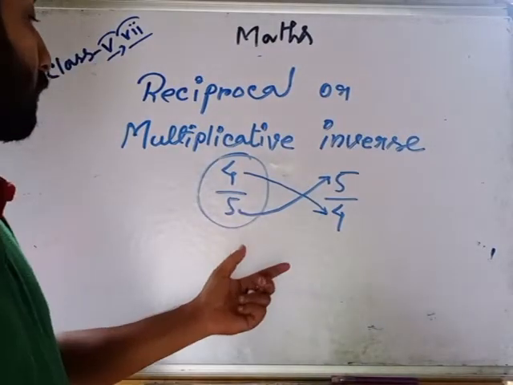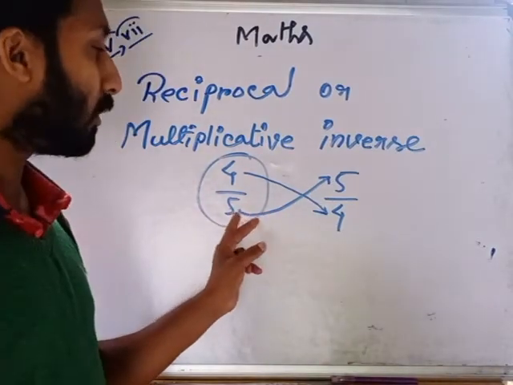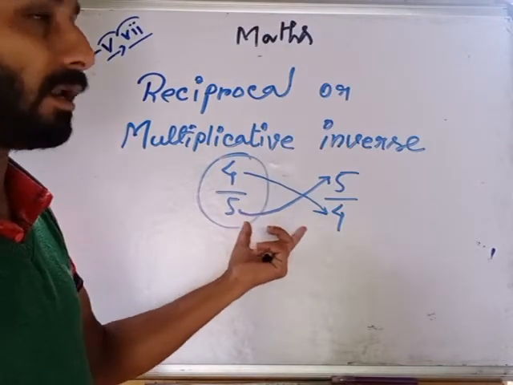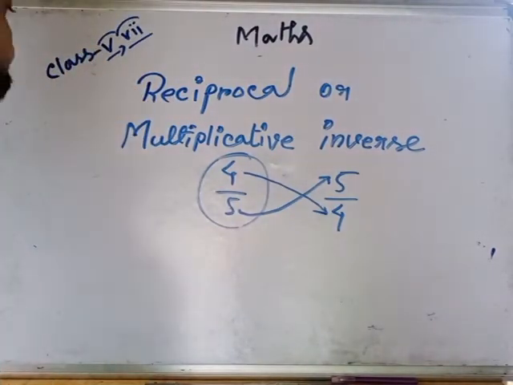We need this reciprocal or multiplicative inverse at division time.